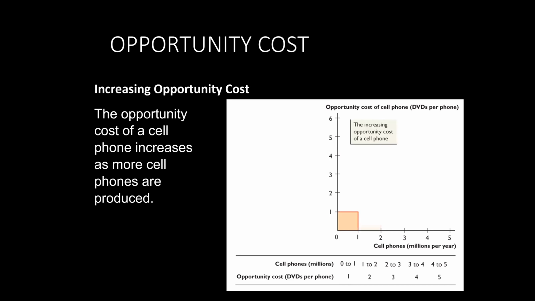And if the production is 2 million cell phones, the opportunity cost is 2. Similarly, if the production is 3 million, then the opportunity cost is 3 DVDs per cell phone. Same is the case if we produce 5 million cell phones, the opportunity cost of one cell phone is equal to 5 DVDs.